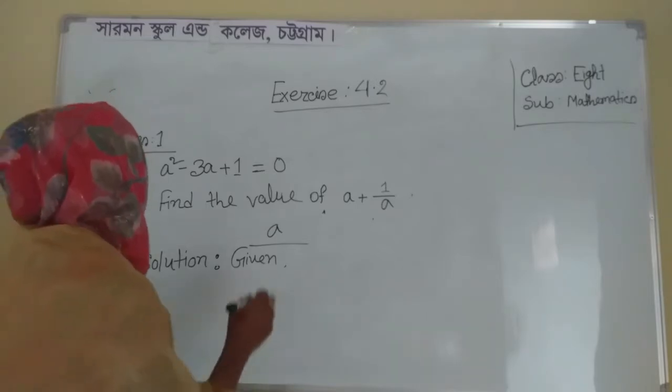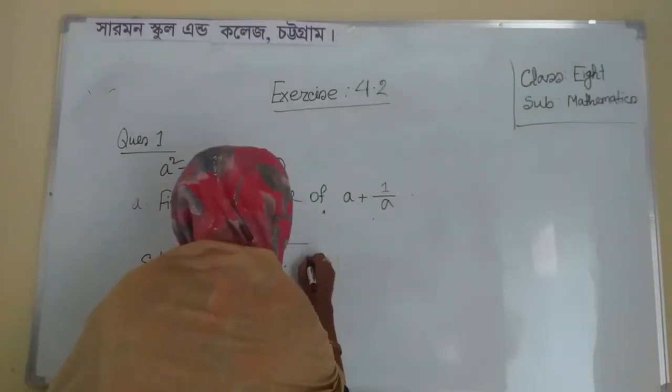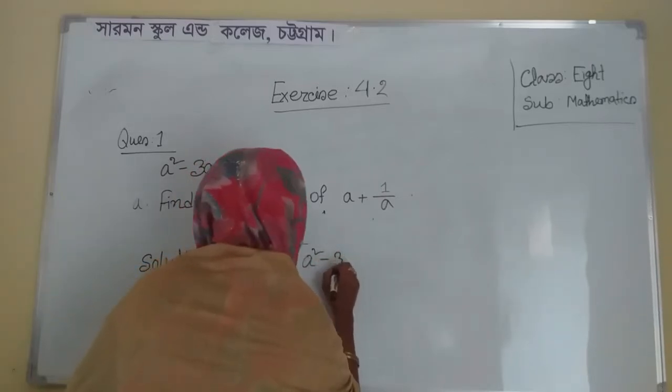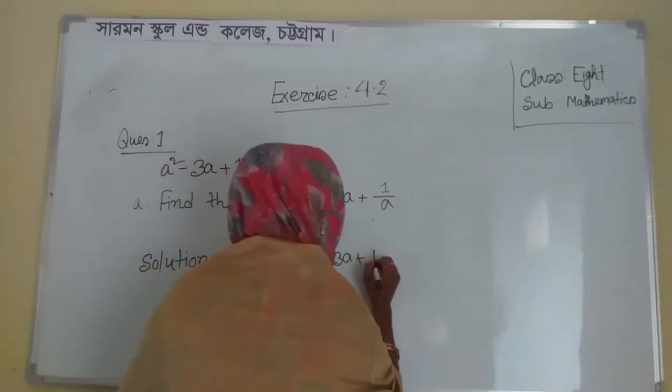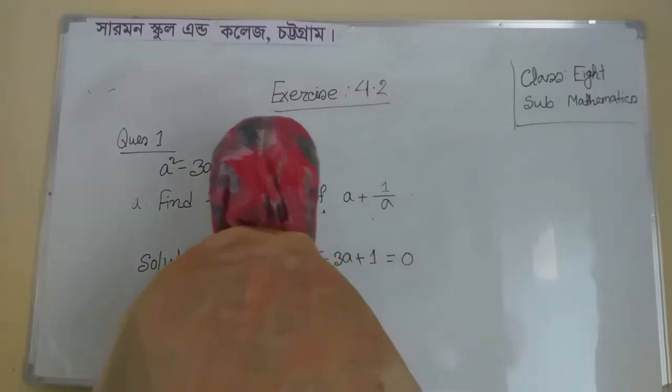Now, given a square minus 3a plus 1 equal 0.